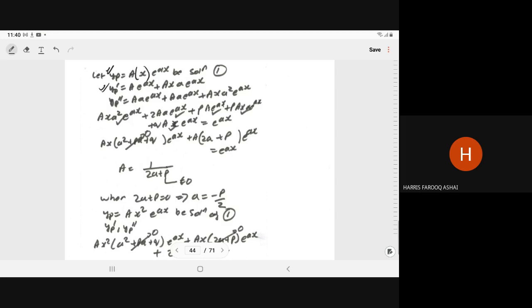When we substitute in the given equation, y'' + p y' + q y = e^(ax), taking A x e^(ax) common, inside we have (a^2 + p a + q). Then taking A common, inside we have (2a + p) e^(ax) = e^(ax).